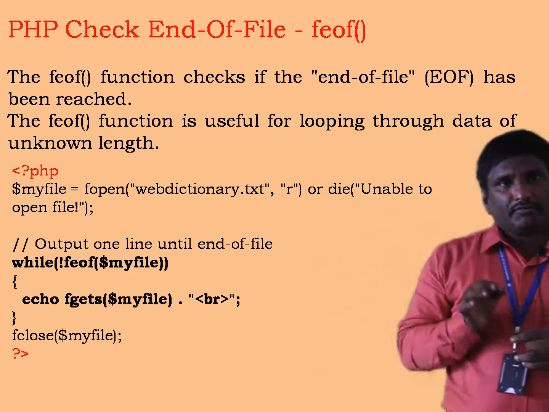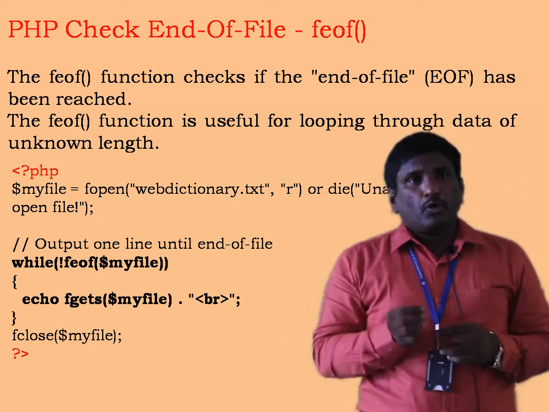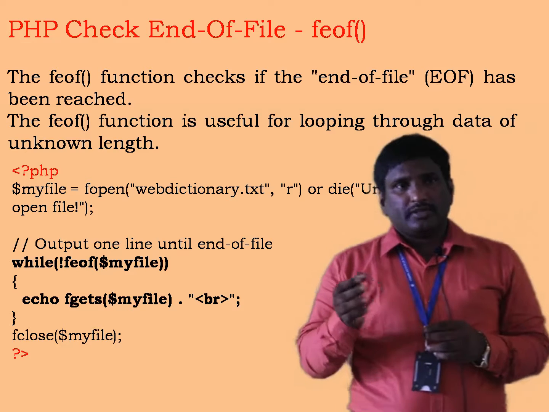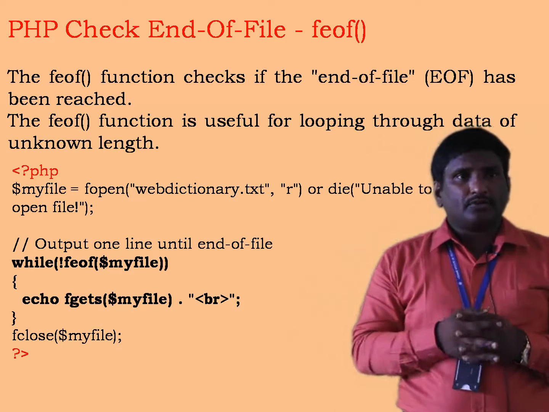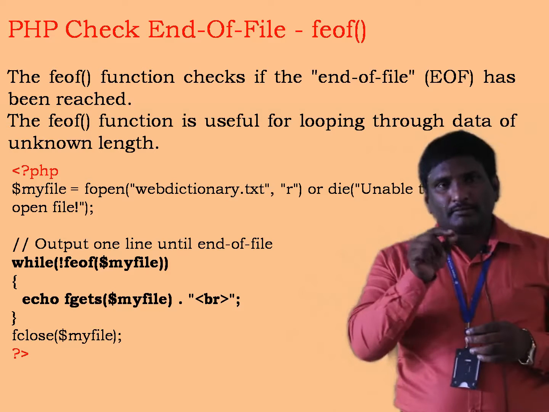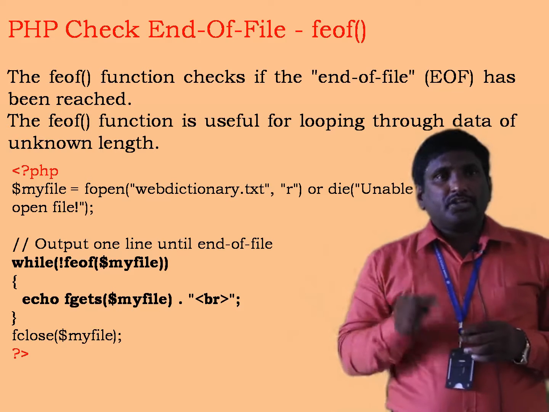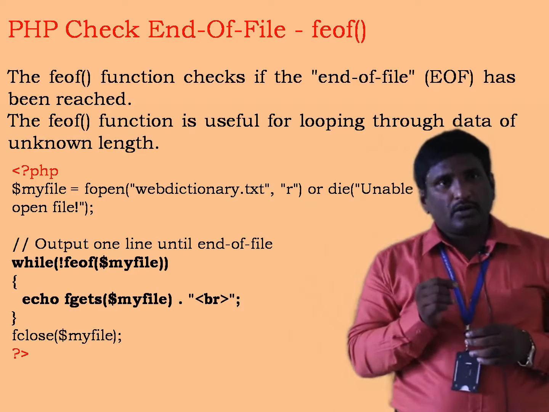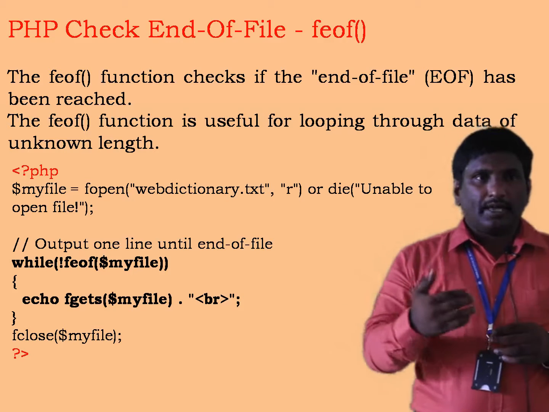First I need to open the file. So fopen webdictionary.txt, same as the usual code I have written earlier. Here we check whether the pointer is at the end of the file or not. If it is not, we print the line.